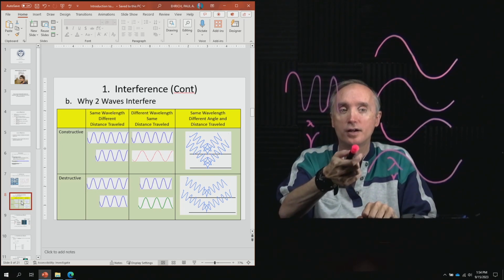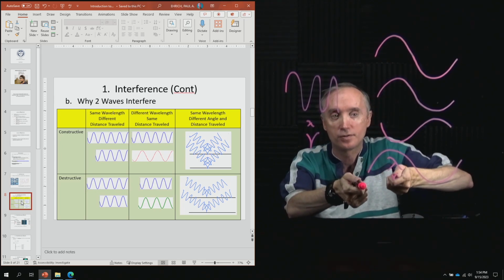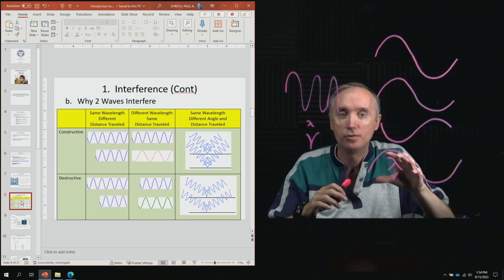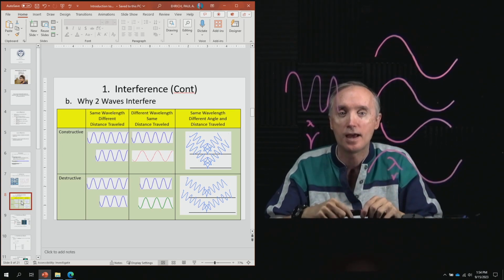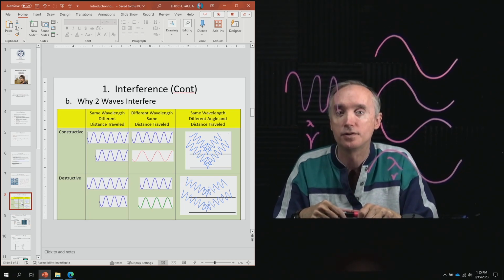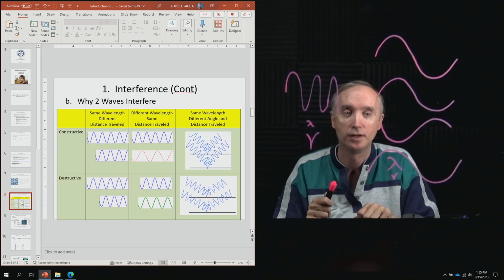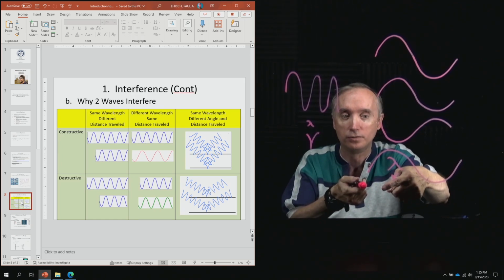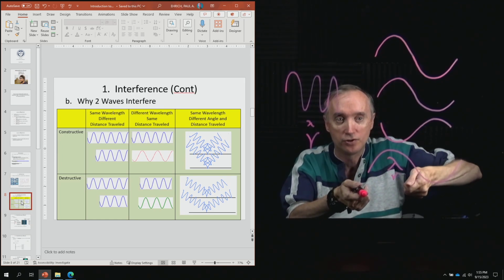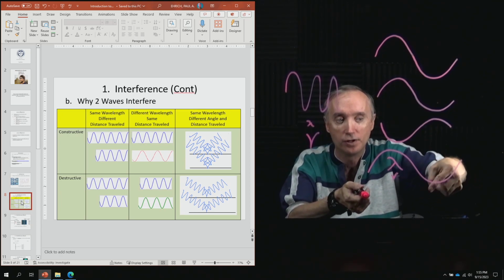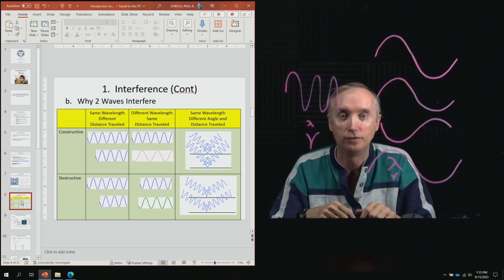So you've got one flashlight that's close to the wall, another flashlight back here, and they're both sending their light to the wall, and when the light gets to the wall, they happen to be in phase. And so that's going to be constructive interference. But could you also imagine a situation in which you got one flashlight shining a light onto the wall, and another flashlight, and you adjust the distance on this flashlight so its light, when it reaches the wall, is out of phase?